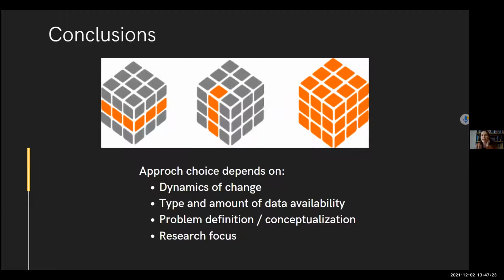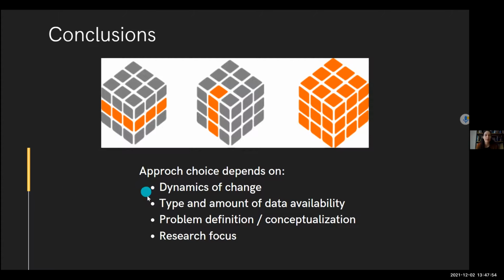So this is my last point, and I want to talk a bit with you about which approach we should use. We can have this data, but we still have the opportunity to choose to perform only spatial analysis, only temporal analysis, or spatial temporal integrative analysis. And I think the approach that you will choose depends on several factors.